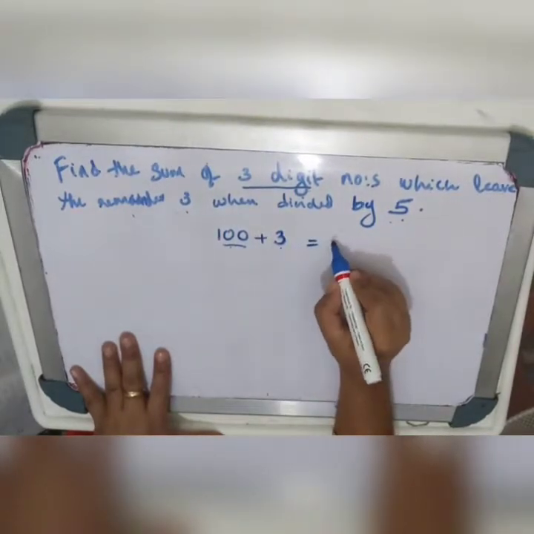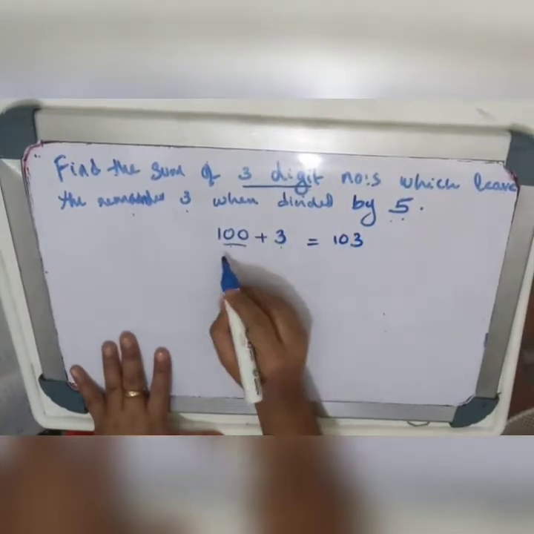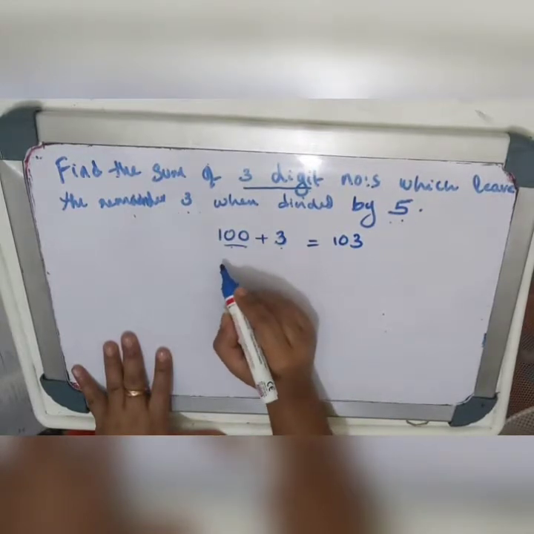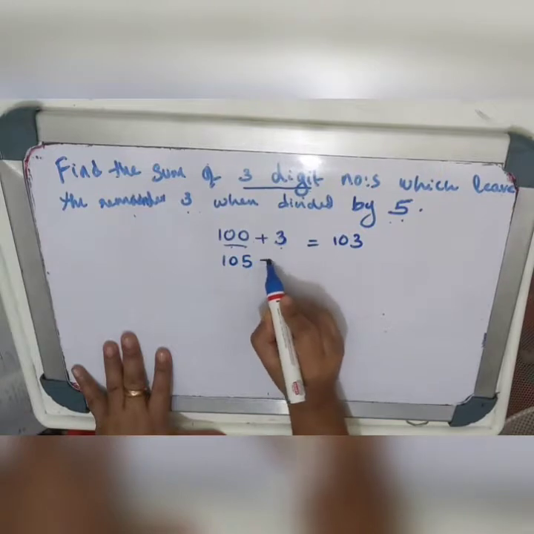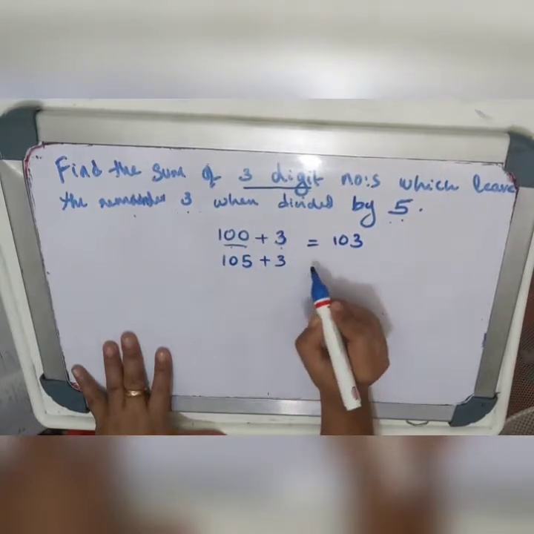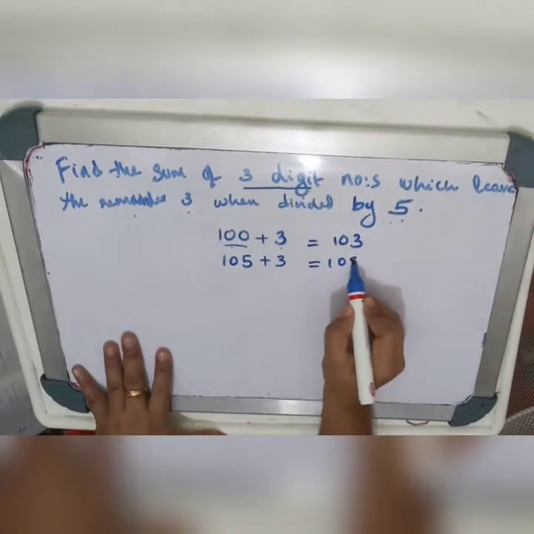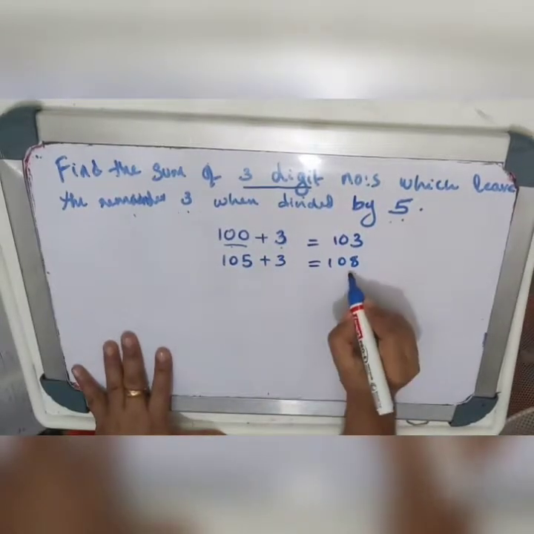So we can write it as 103. The next perfect multiple divisible by 5 is 105, so in order to leave a remainder 3, the number should be 3 more than the perfect multiple. Therefore, the number is 108, and so on.